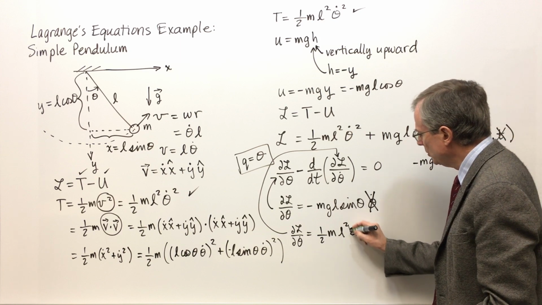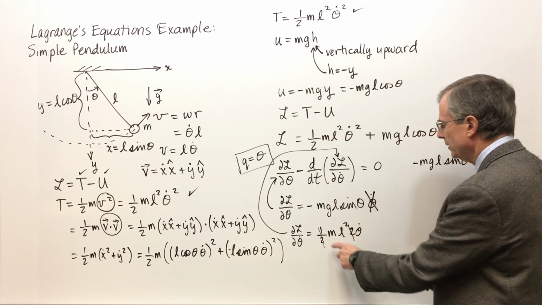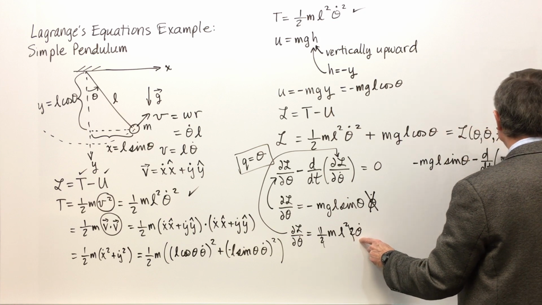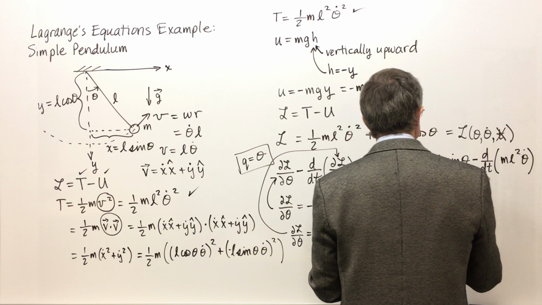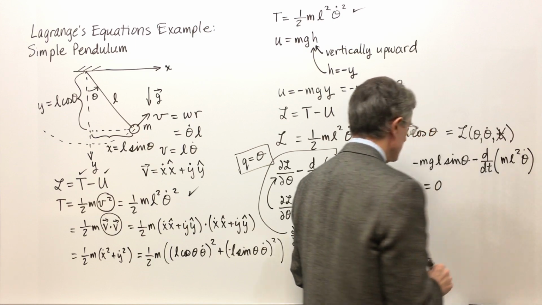Well, this 2 can cancel this 1/2, and we just get m L squared theta dot. And that's all supposed to equal 0.